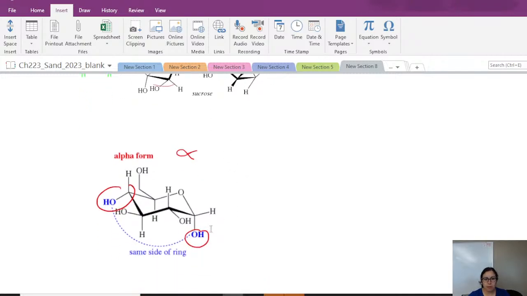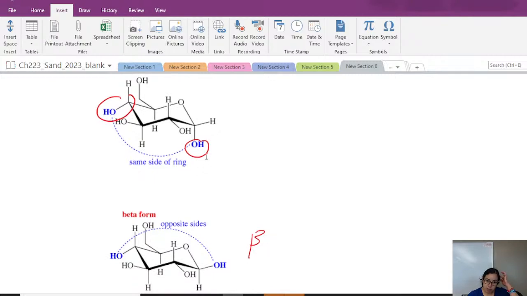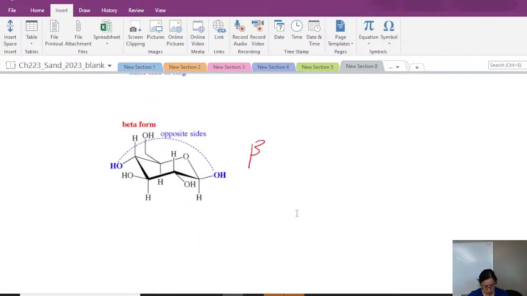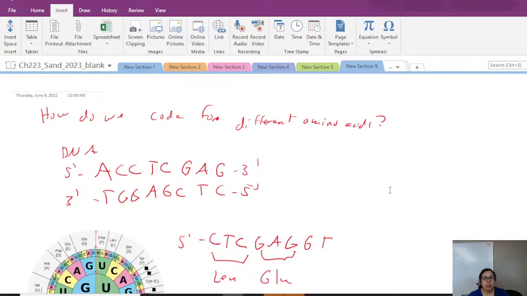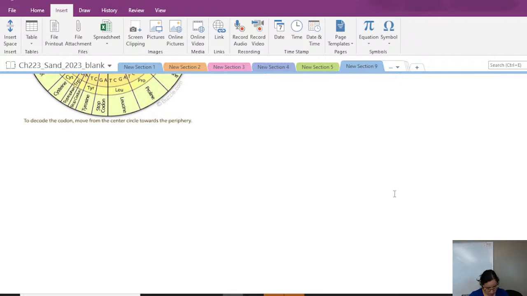So that's all that refers to, just stereochemistry and orientation of this OH group there. Let's see, what else do we have?